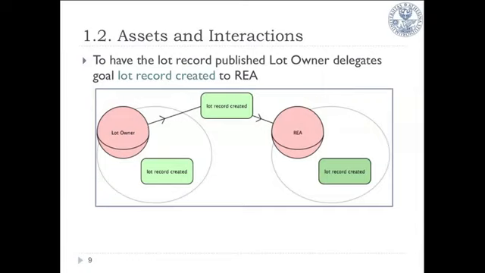In the second step of our modeling method, we need to identify the assets that actors have and their interactions. So we will start with the lot owner and consider what are the assets that the lot owner has and what are the interactions this role has with other roles.